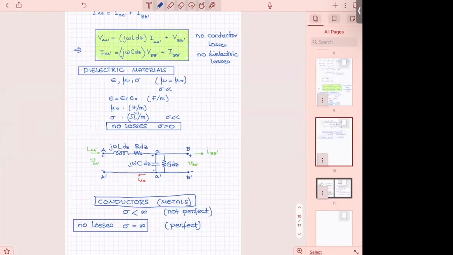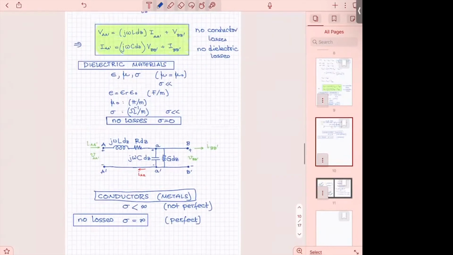So this is the most general form of an infinitesimally small section of a transmission line, where it has a series resistance because of conductor losses and a shunt conductance because of dielectric losses. And if we were to include these losses in these equations, these equations will change into the following form.